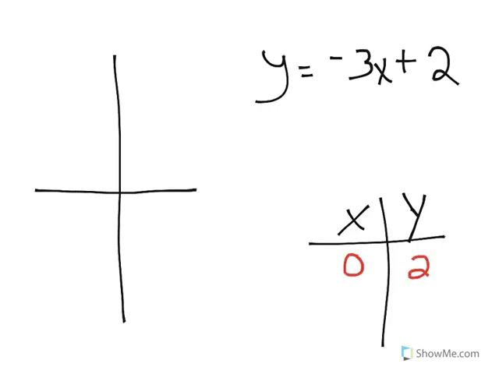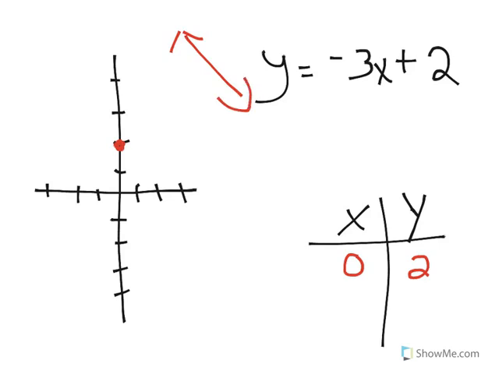And if you really have to do the math, it's negative 3 times 0 plus 2, which is going to give us a positive 2. So hopefully you've figured that out by now without actually having to do the math. So let's put some marks on our graph here. We have 0, positive 2, and that goes right there. Now remember that a negative slope goes this way, so that's what I'm looking for.